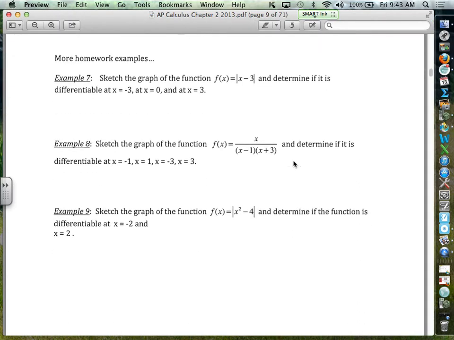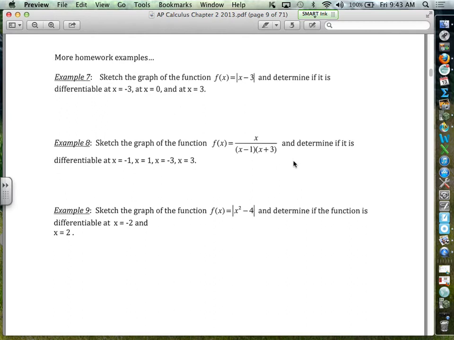All right, just a couple examples here. If you look at number 7, that graph, absolute value of x minus 3, and you can graph it with your calculator. It's looking like that. And it asks at these particular values, at negative 3, is it differentiable? Well, let's continue this graph up here. At negative 3, the slope is going to be negative 1.